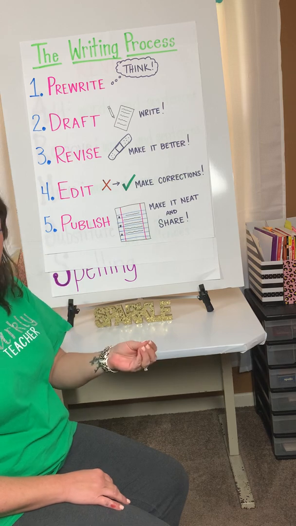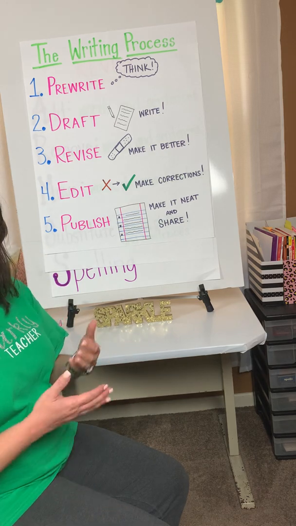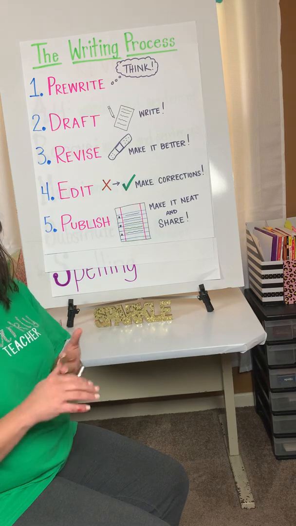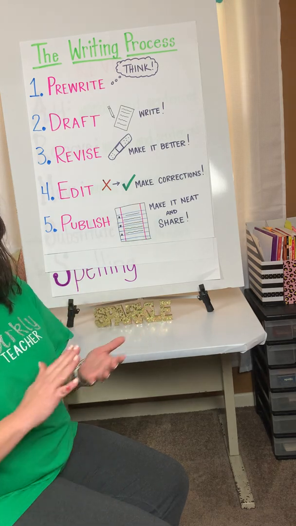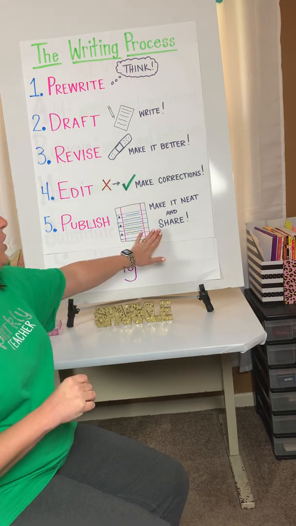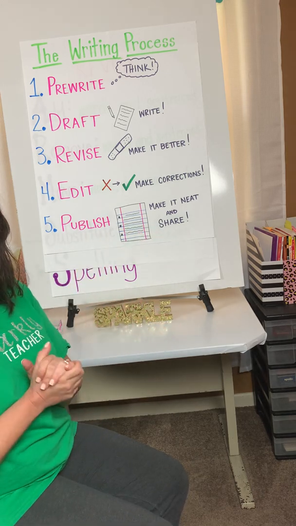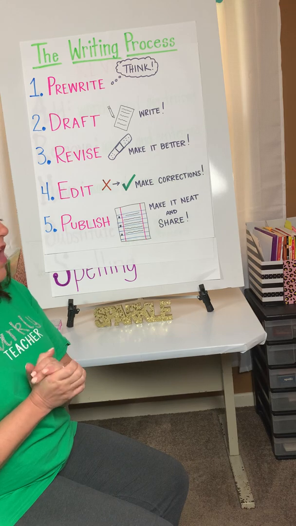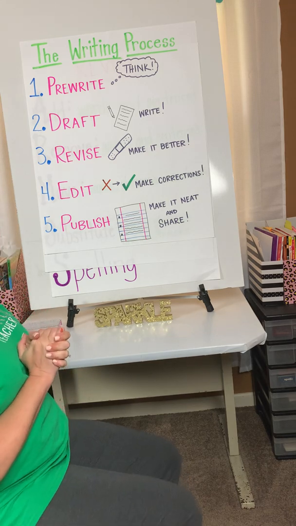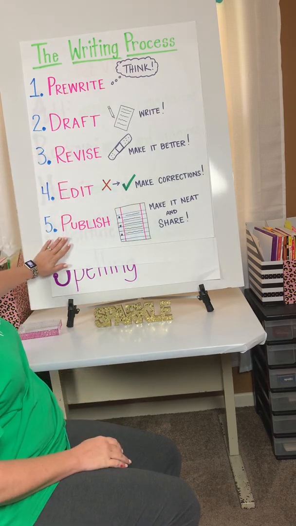You could read your writing piece, or this might be something that you turn in to a teacher. You could submit your work for a magazine or a newspaper for them to publish in some sort of book or other publication. So those are the basic steps in the writing process.